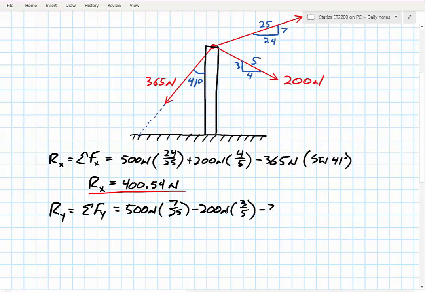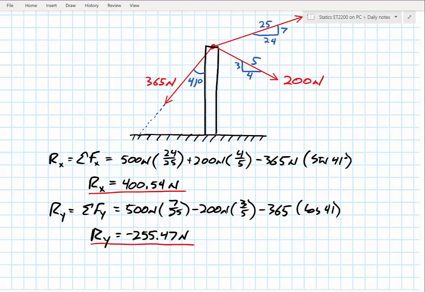And the 365 is also pointing down, so I have minus 365. That is the cosine of 41. And if I sum all that together, I end up with negative 255.47-ish newtons.